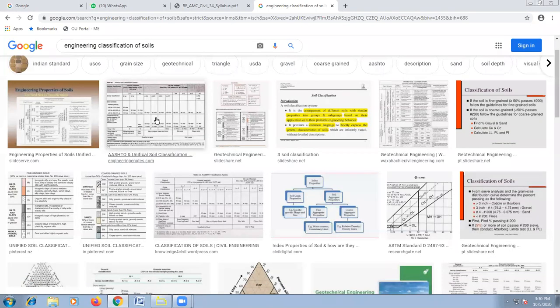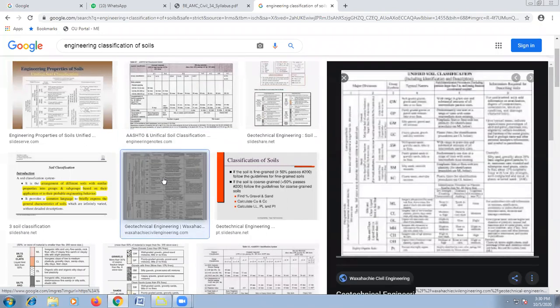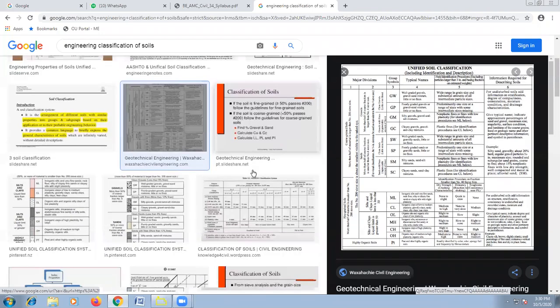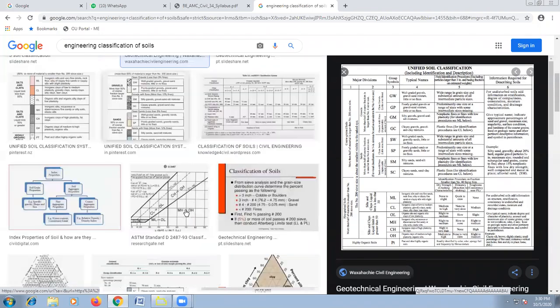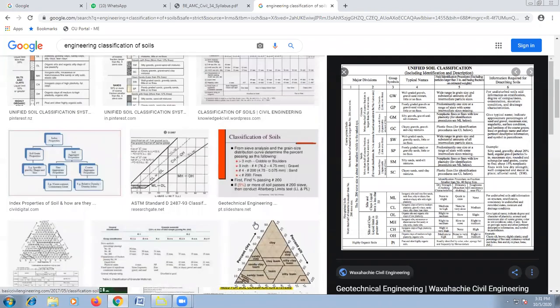So here, let us see this. This is not the right one. You will of course be learning more deeply about this in the subject soil mechanics at a later stage.